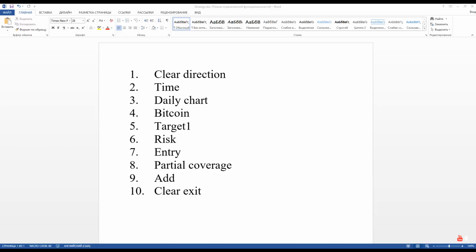It doesn't really matter if you're an investor or an intraday trader. You need some elements of your strategy, your components. So today's topic: main elements of your strategy. I'm trader Sergey Kolomits.